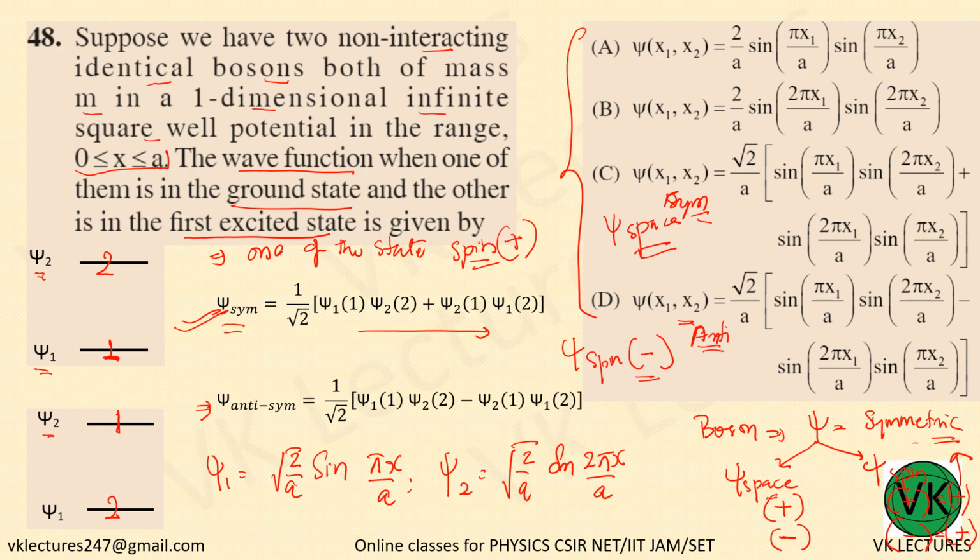If psi spin is symmetric, then your option is C. If psi spin is negative, then your option is D. So from this question we can't say, because either of these, psi spin, should have been given. It is given in the answer key as C, but D is also a possible answer depending on the psi spin.